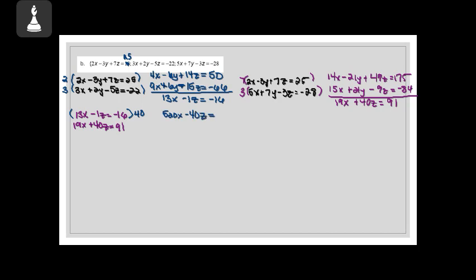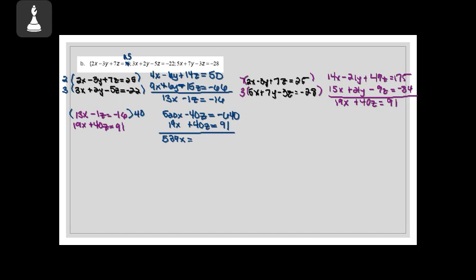So if I add these together, I've now got 549x. The z's are going to cancel out. Oops, hold on. I have a mistake here. 14 plus 15 is 29. So this is 29x.